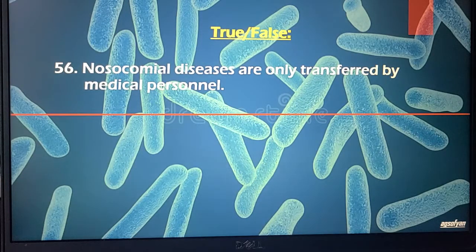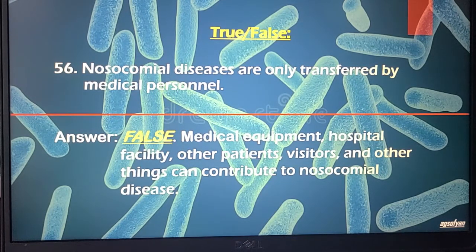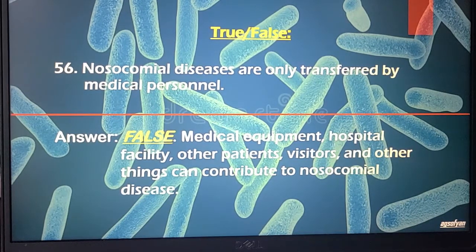Number 56, true or false. Nosocomial diseases are only transferred by medical personnel. True or false? Choose your answer. The answer is false. Nosocomial disease is the disease that people get from staying in the hospital, and it is not only caused by the medical personnel.